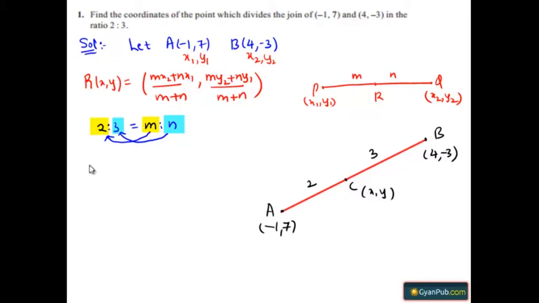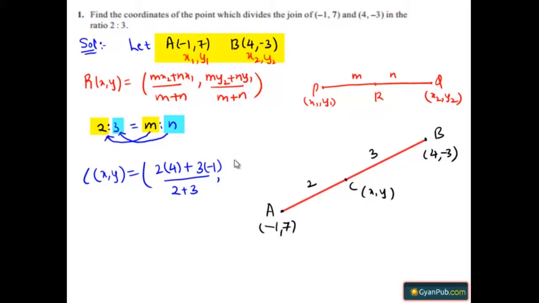So C(x, y) equals (mx2 + nx1) which is 2 times 4 plus 3 times -1, whole divided by m plus n, which is 2 plus 3, comma, (my2 + ny1), that is 2 times -3 plus 3 times 7, whole divided by m plus n, which is 2 plus 3.